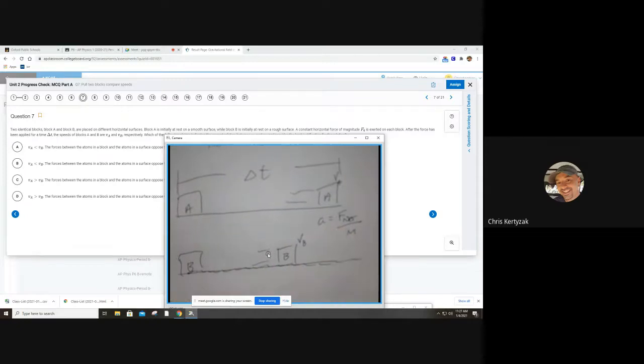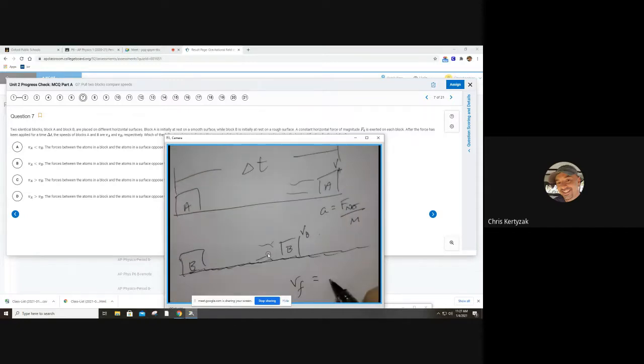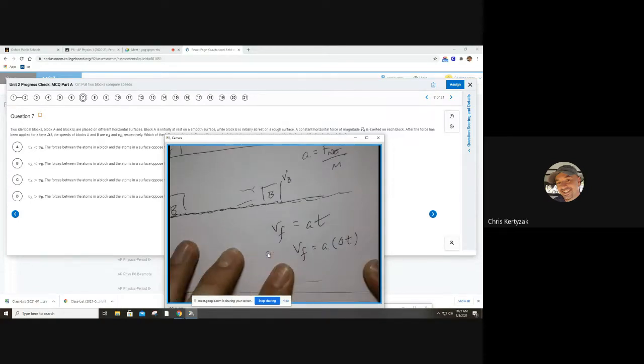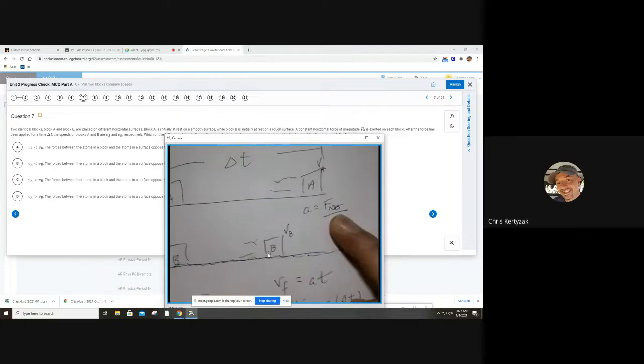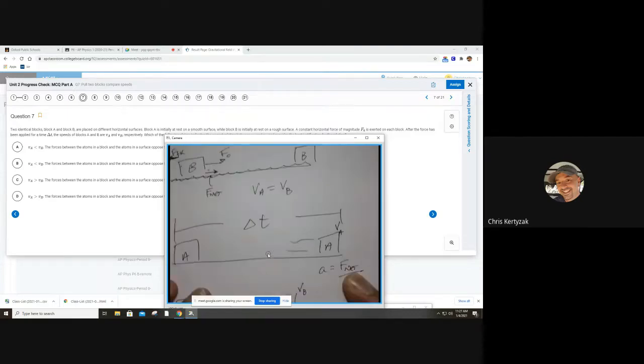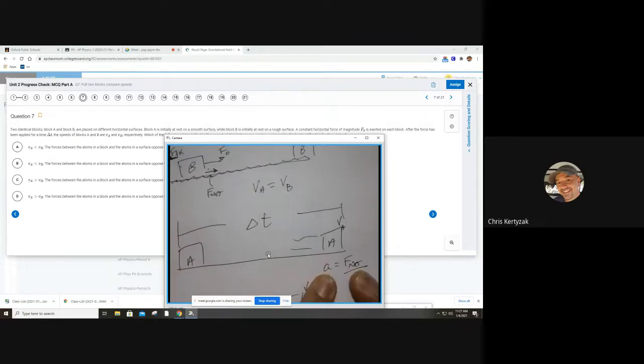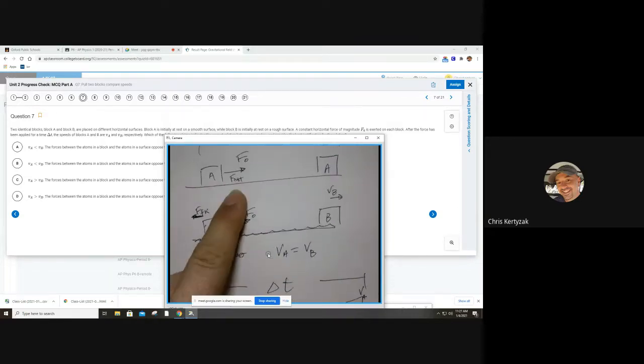Since he has more acceleration, we could make the point that the final speed after delta t seconds, and I could have written this as a delta t, since he, which is block A, has more acceleration as a result of that extra net force.